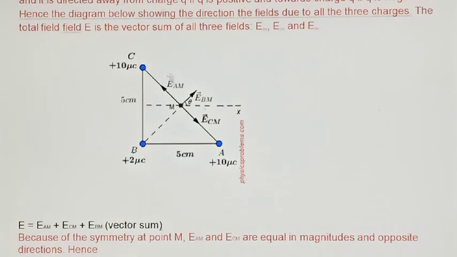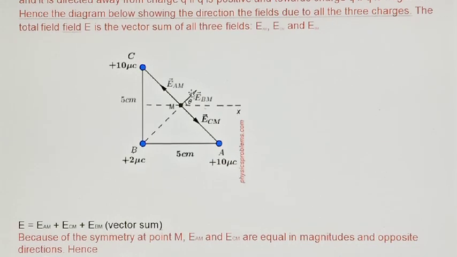So EAM cancels out ECM, because the direction of EAM is exactly opposite to the direction of ECM. Also their magnitudes are equal, so this cancels out this. So what remains? It is EBM.